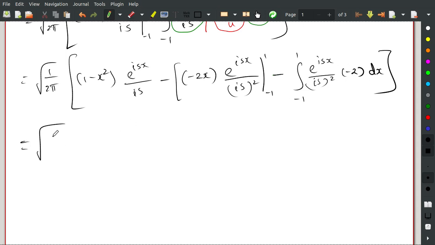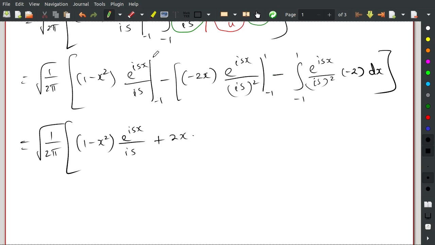Therefore we will have 1 by root 2 pi, 1 minus x square e power isx divided by is, minus of minus 2 is plus 2x, with the limit minus 1 to 1, into e power isx divided by is the whole square, which runs from minus 1 to 1.